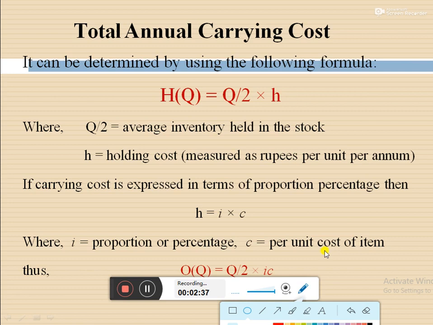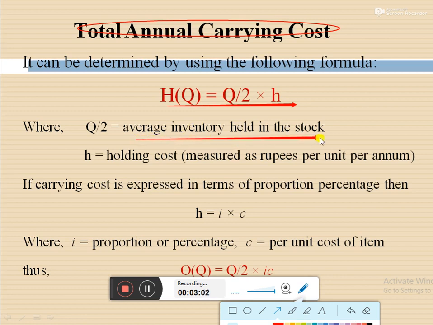In a similar manner, we have discussed how to calculate the total annual carrying cost. It can be determined by using the formula, that is average inventory into holding cost, where Q by 2 denotes the average inventory that is held in the stock, and the formula of calculating average inventory is maximum inventory in the stock plus minimum inventory in the stock divided by 2.